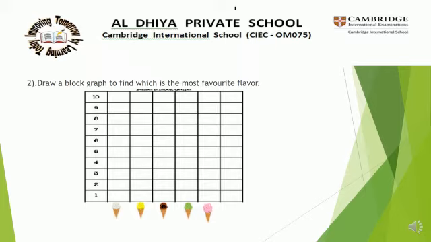For vanilla, I used light yellow. Okay, that is off-white. So, how many of them like vanilla? You can see in the last slide. 8 students raised hands. So, I colored 8 blocks. You can see here. I colored 8 blocks.